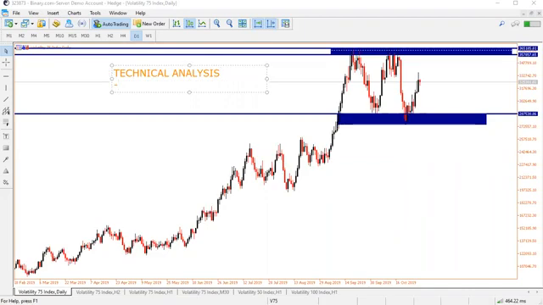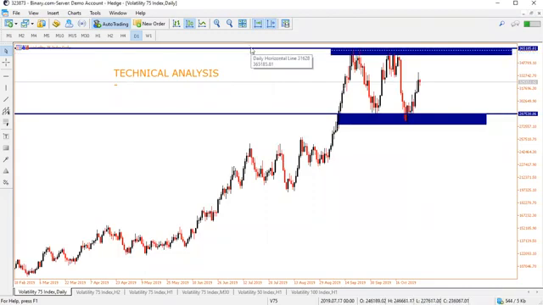Okay, with technical analysis, since I've started here, let me try to remove everything.